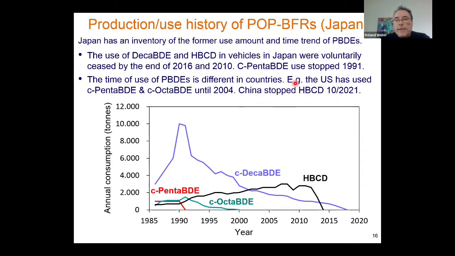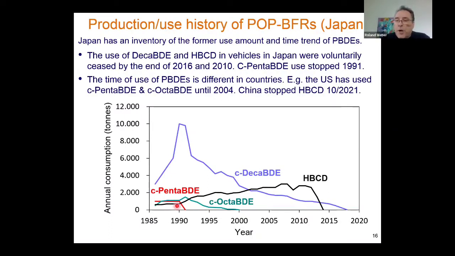So this is different in some other countries. For example, in the United States, the commercial penta-BDE and the commercial octa-BDE were used until 2004. And also China used the commercial penta-BDE until 2003 and 2004.